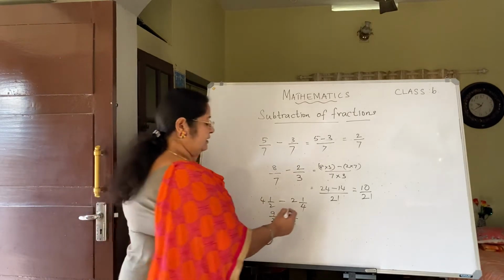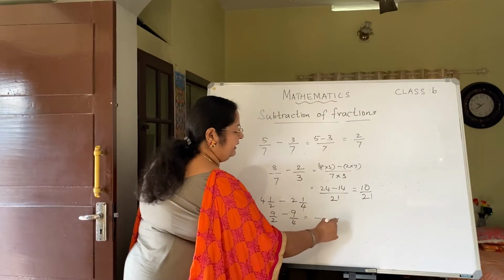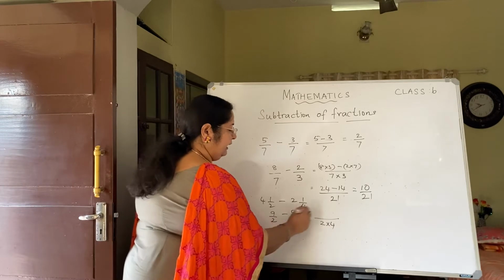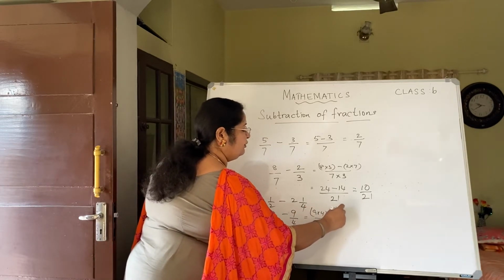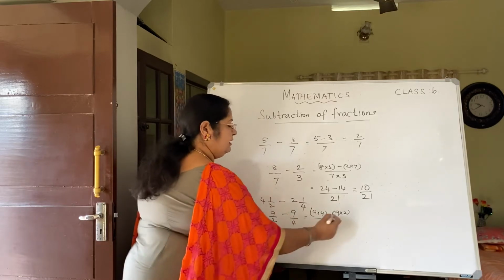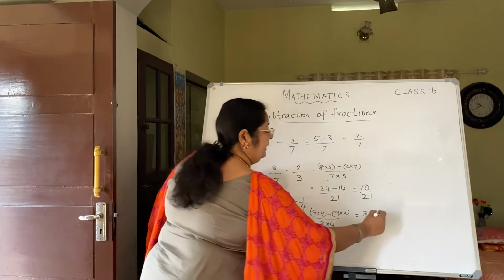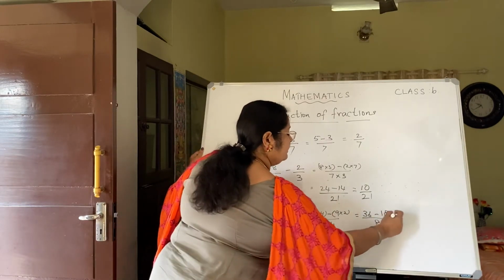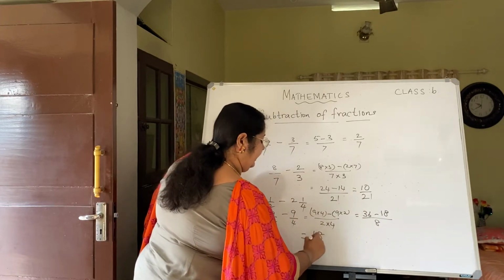Now how to do this calculation? The denominator will be the product of the denominators, and the numerator the difference of the cross products. So 9 into 4 minus 9 into 2. 9 into 4 is 36 minus 9 into 2, 18, by 2 into 4, 8. 36 minus 18 is 18 by 8.